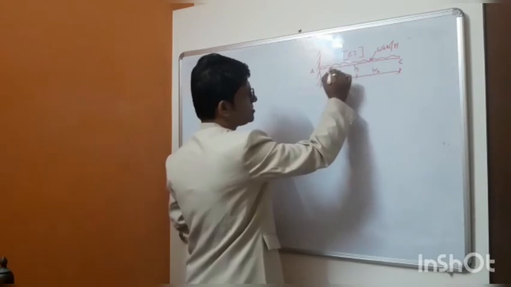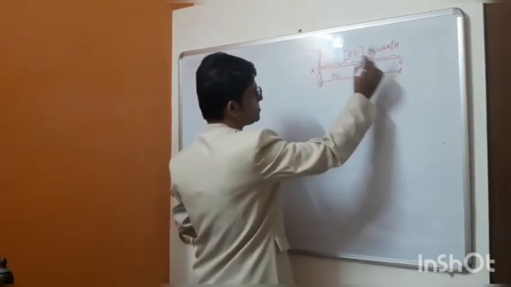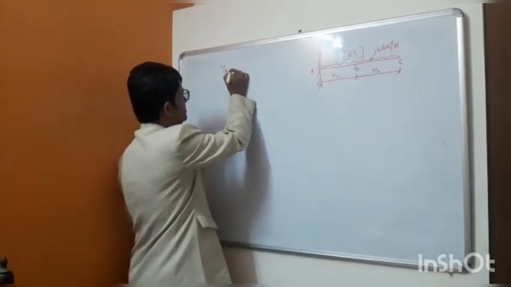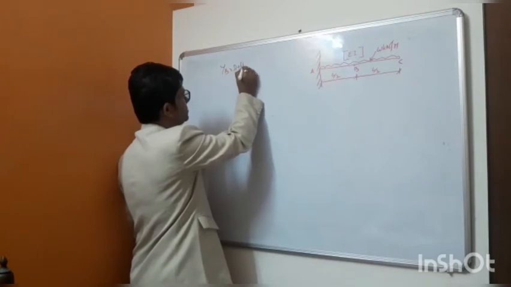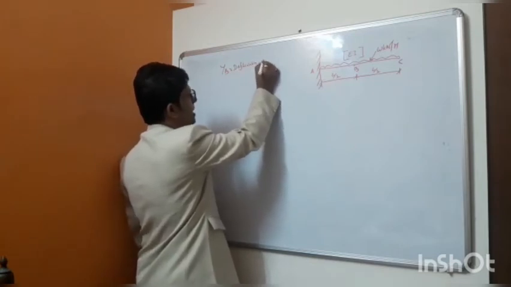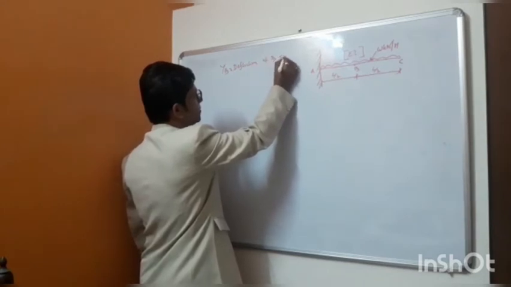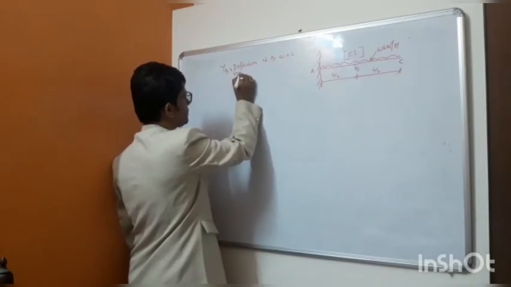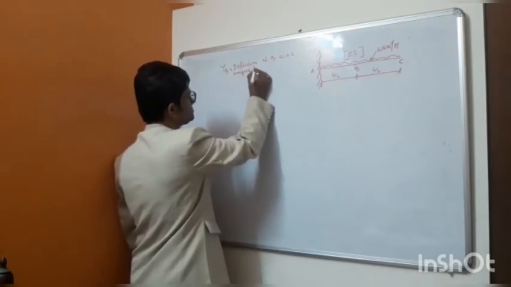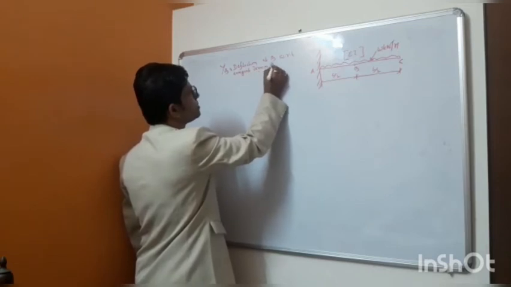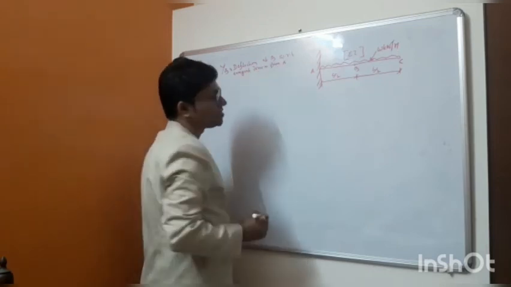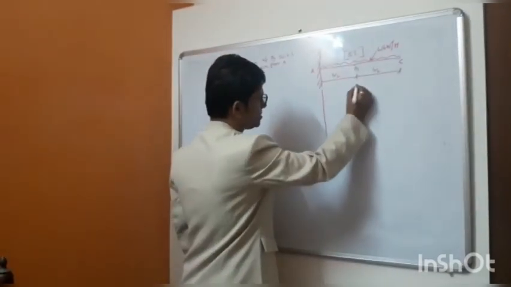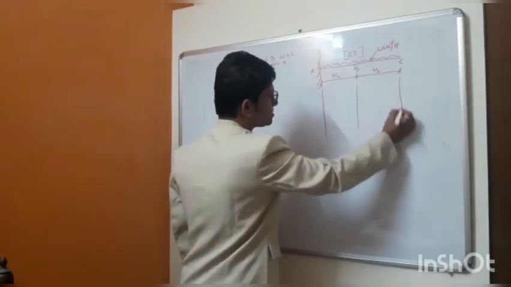EI is the flexural rigidity, the UDL is W kilonewton per meter. So we are to find YB, that is deflection at B with respect to the tangent drawn from A. This is a very crucial thing so far as this area moment theorem is concerned.